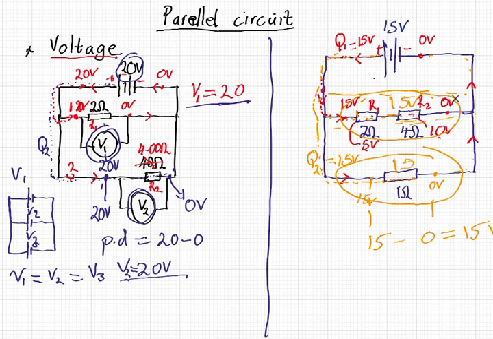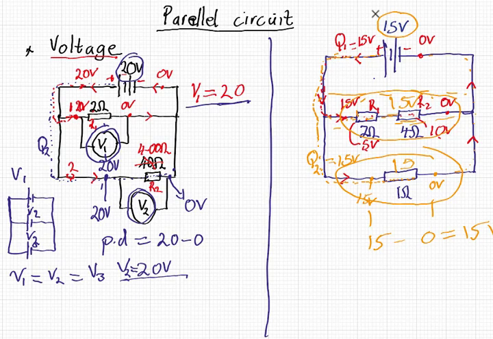So rather than saying the voltage in parallel is the same, you can try to think of it as each branch has the same voltage, because each charge that goes through that branch only has the source voltage, right, of 15 or 20 or 80.